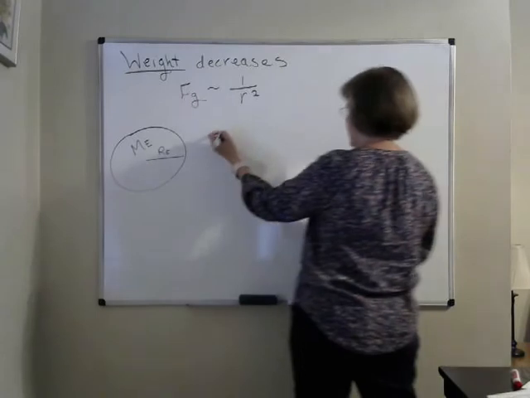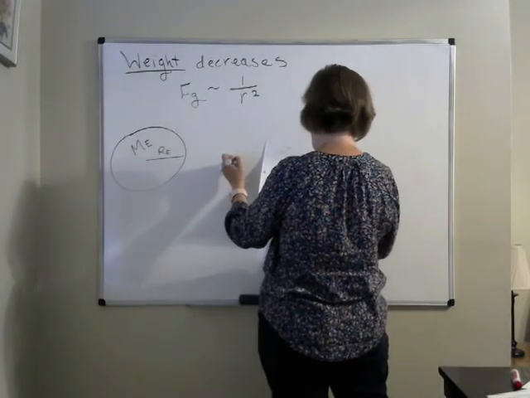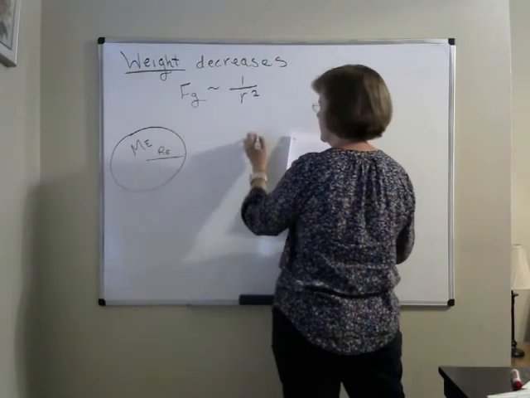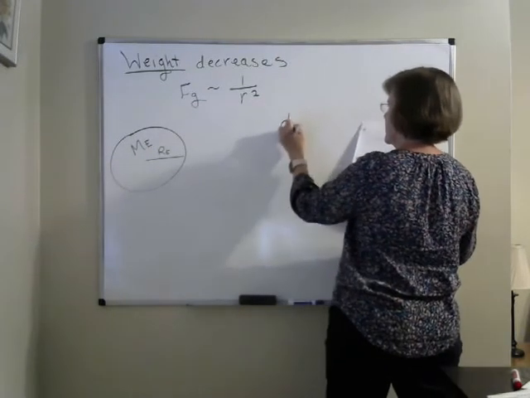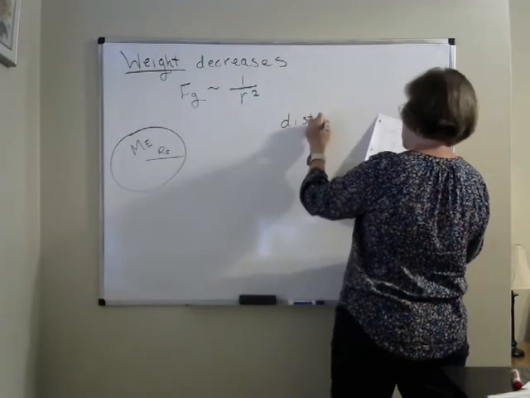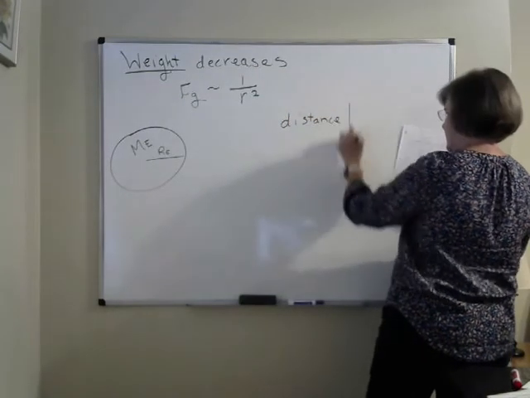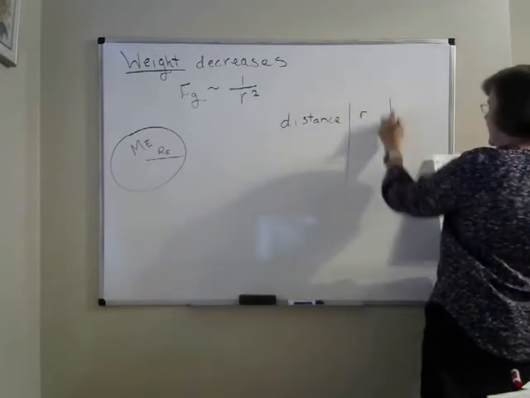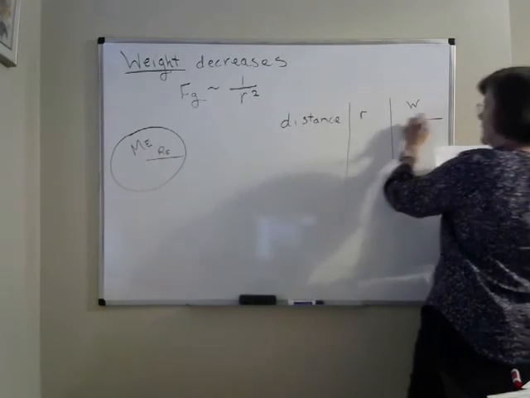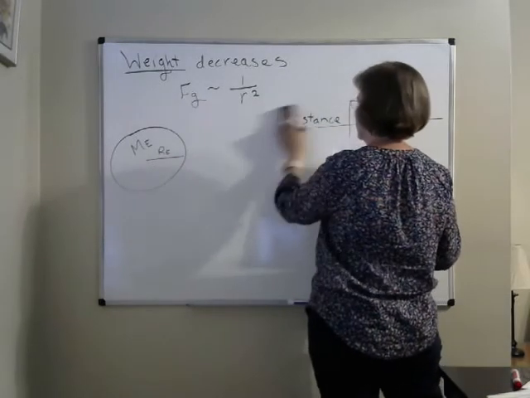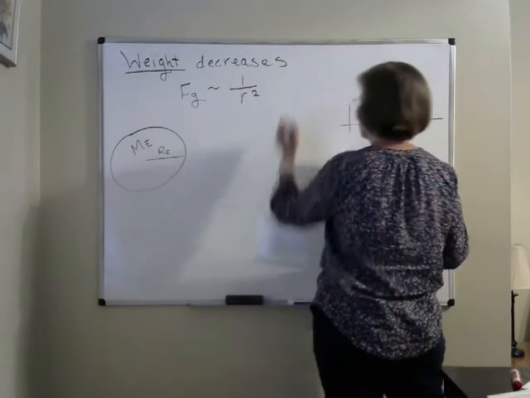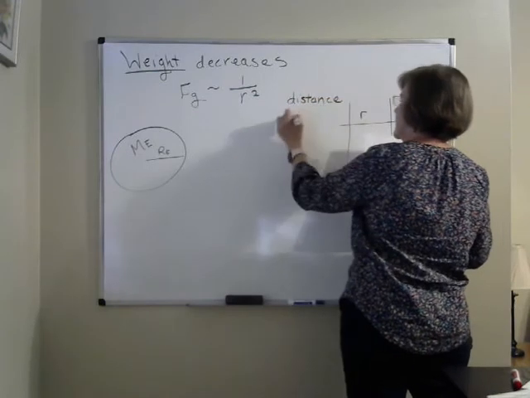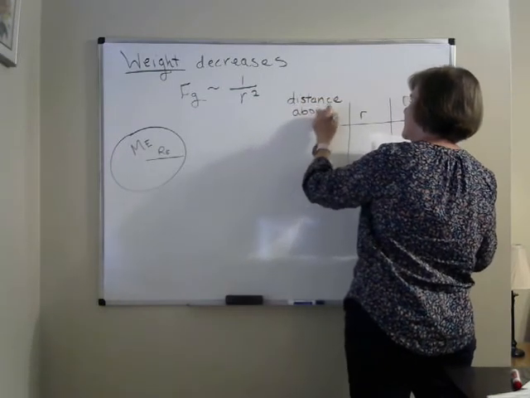I just want to make a little table. I'm going to come up here. Here's the distance, and here's R, and here's W. Let me change this first column to the distance above the earth.